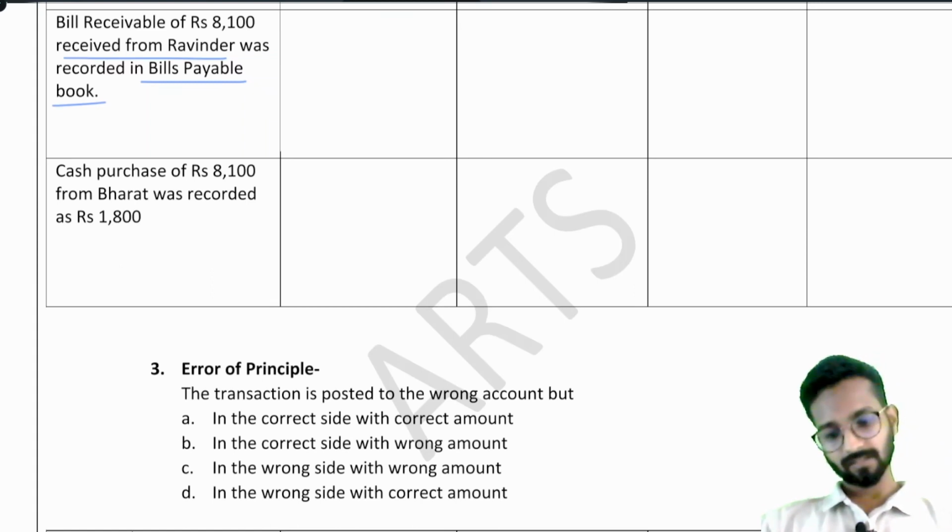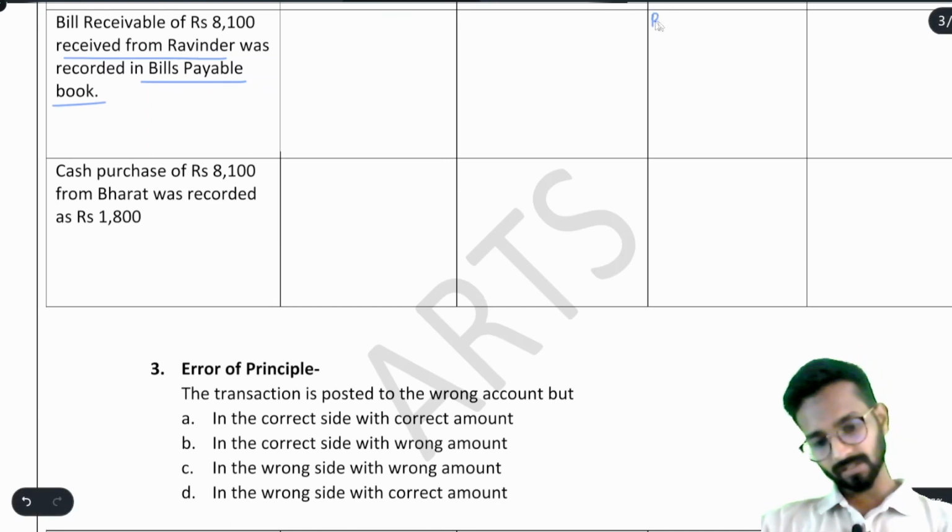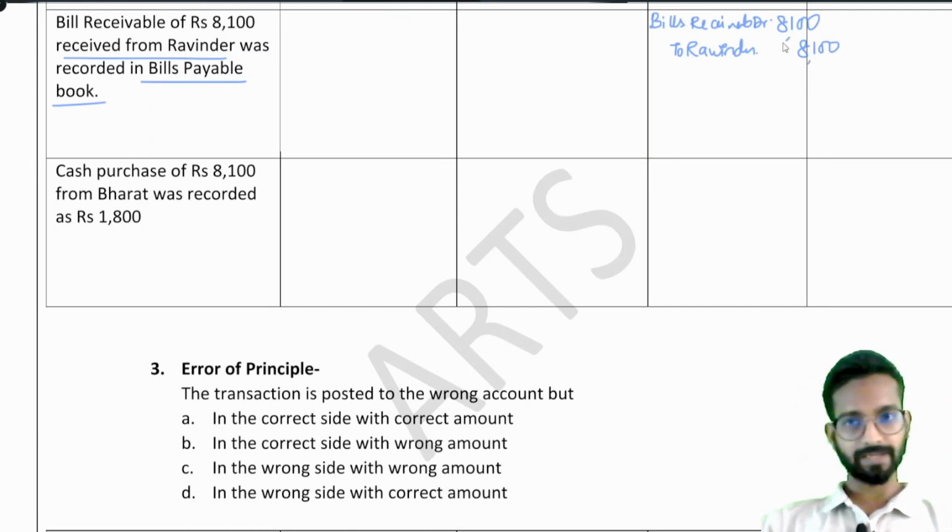What is the correct journal entry? I have received bills receivable from Ravinder. So bills receivable debit to Ravinder, 8100. This was supposed to be my correct entry.